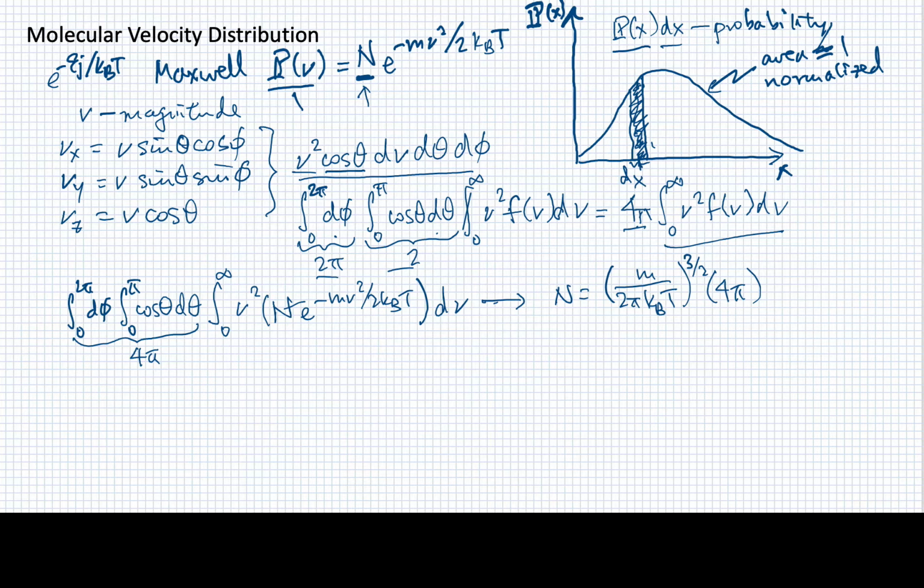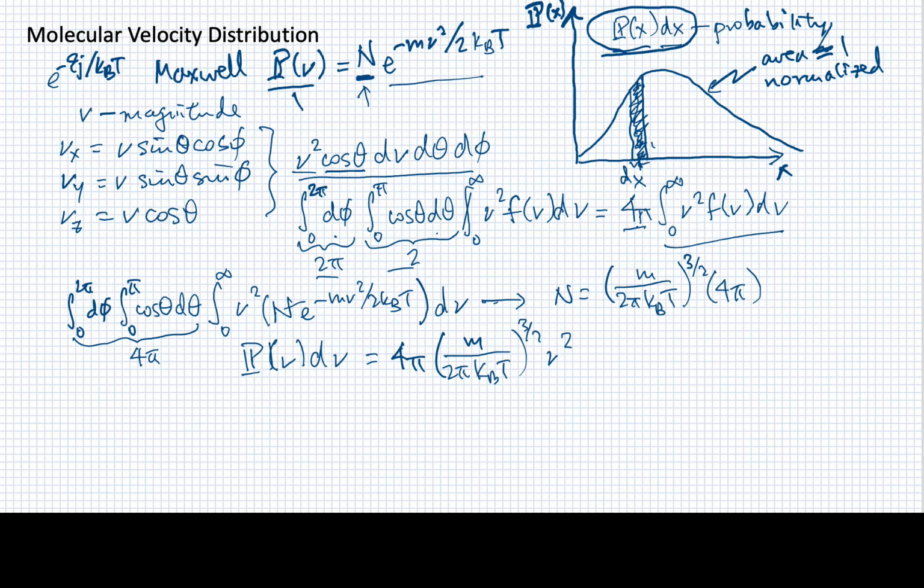Nevertheless, what it means is that since the property of relevance is really this probability density times an increment in velocity, what I'm really interested in is this, p of v dv. And now I have an expression for p of v because I know what n is. It's just going to be 4 pi times this constant that we've evaluated by normalizing the curve times v squared, then this functional form for p, e to the minus mv squared over 2 kBT dv.